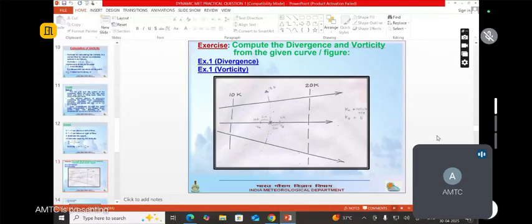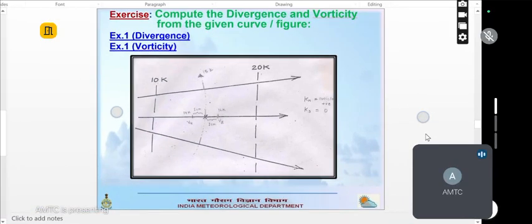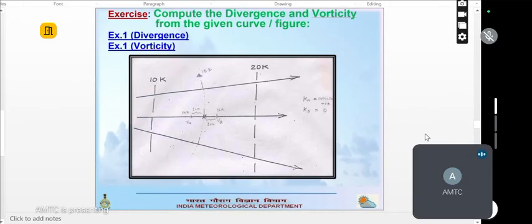So outflow means things are spreading. From a practical outlook, even a layman can understand that if the three arrows are moving apart, it will be divergence. If they are converging, if you put these arrows in the opposite direction, it will show convergence.